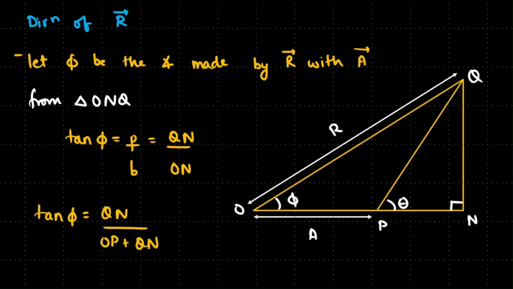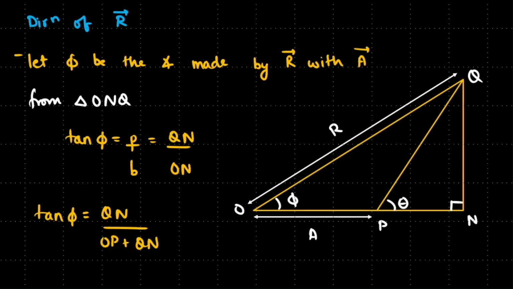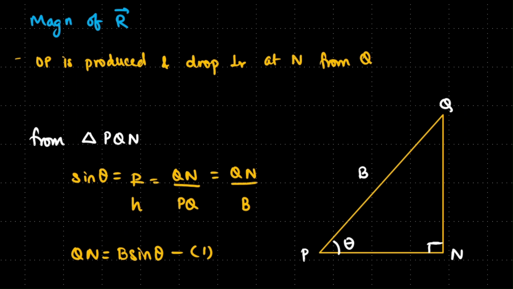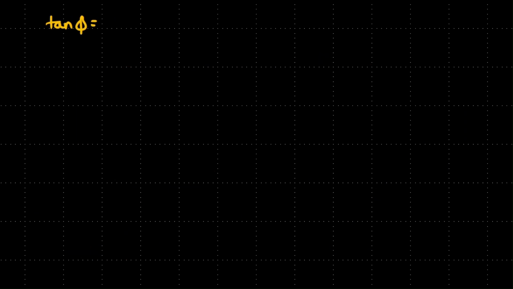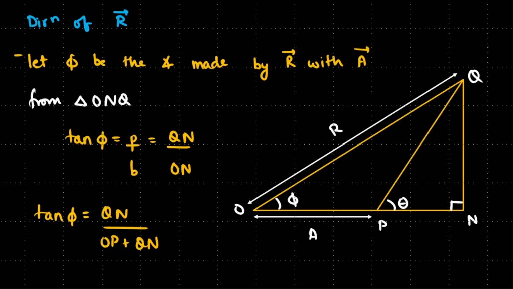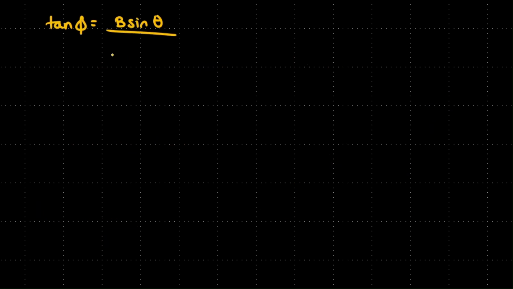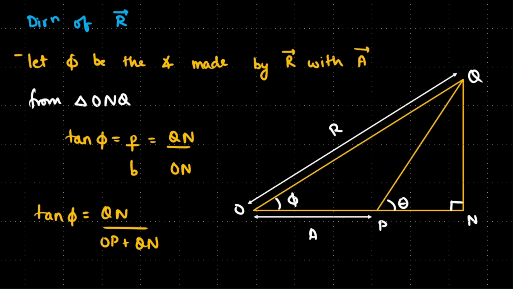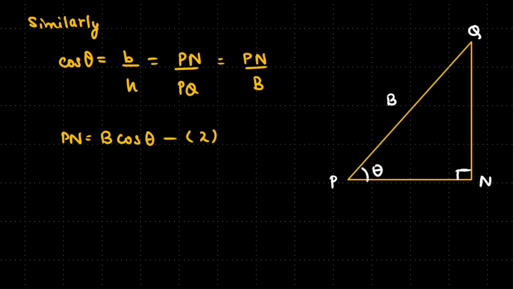So now let's just put the values of them. So tan phi followed by QN is, let's go back and take a look at this. QN is b sine theta. So QN is b sine theta divided by OP is a, and QN is b cos theta.